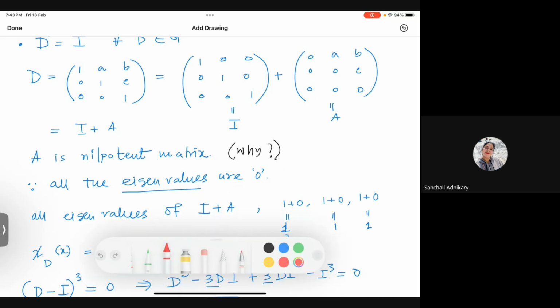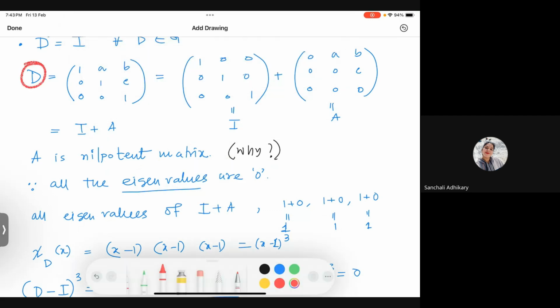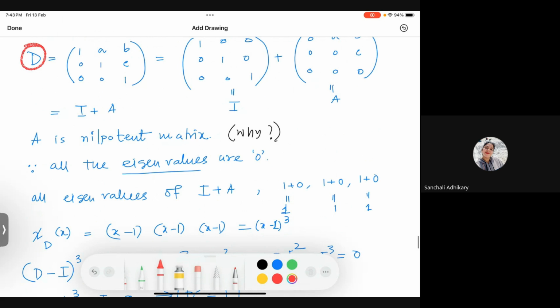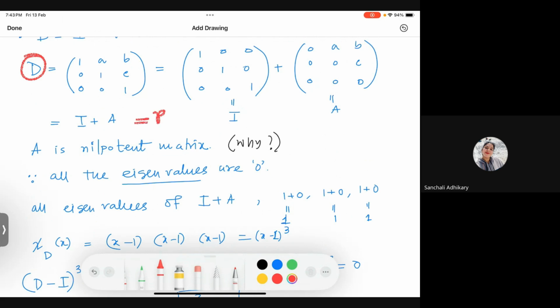So what is the eigenvalue of D? This is a polynomial of A, right? Take p(x) equals 1 plus x. So D is equal to p(A). What is the eigenvalue of D?